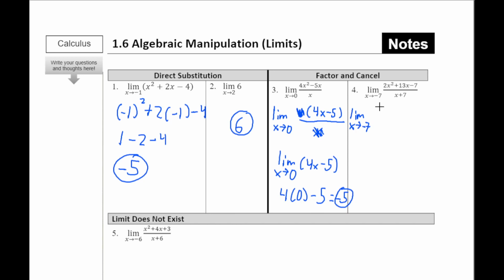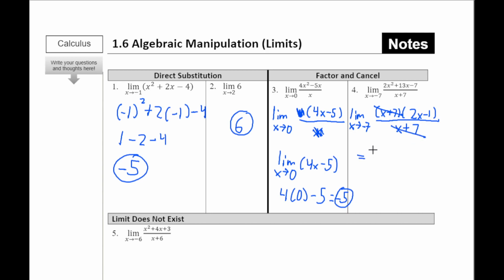So 2x squared plus 13x minus 7 can be factored as x plus 7 times 2x minus 1 over x plus 7. You see right here, the x plus 7 on top and bottom cancels out. That's when you know you factored it correctly.